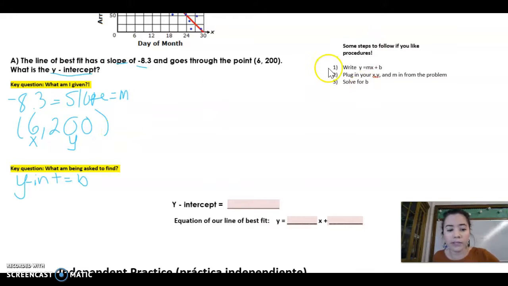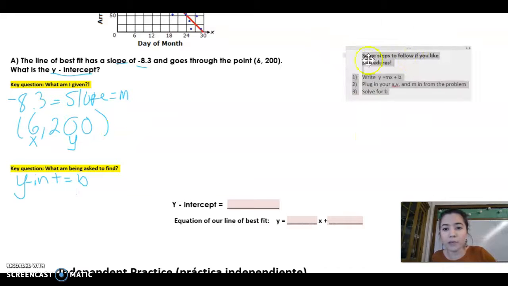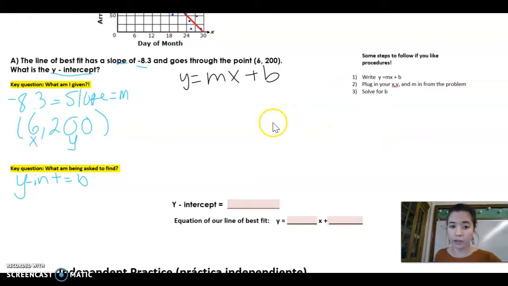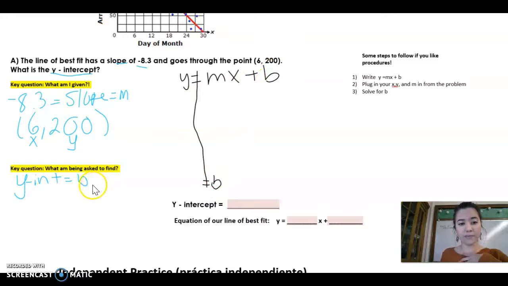So if you like some procedural steps, I typed up some steps to follow right here that could help. So we're going to write the equation of our line, y equals mx plus b, and we're going to plug in all of those givens that we identified. And we can use this set up to the equation of a line to help us identify what b is. So again, goal here is to identify my y-intercept, b.